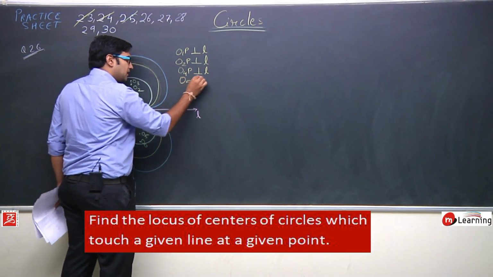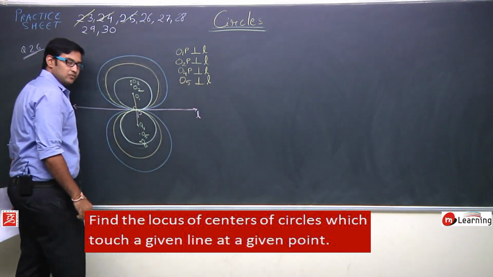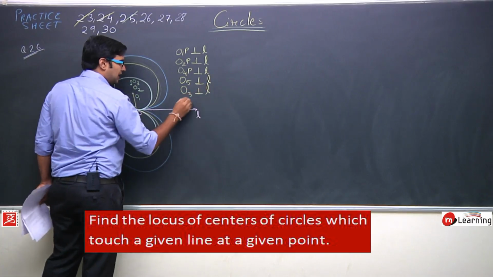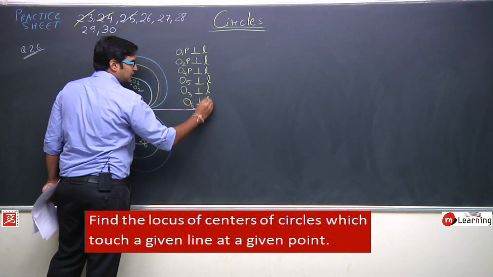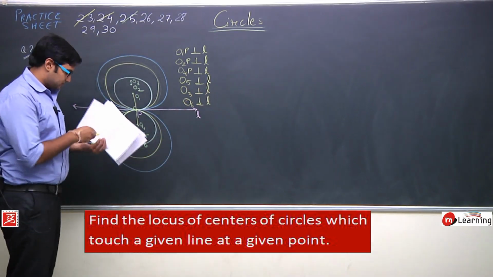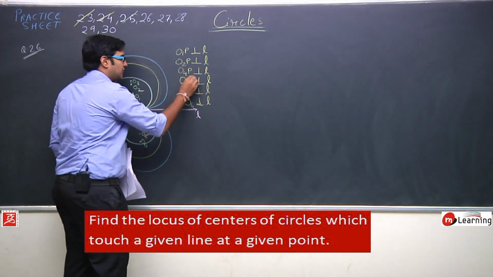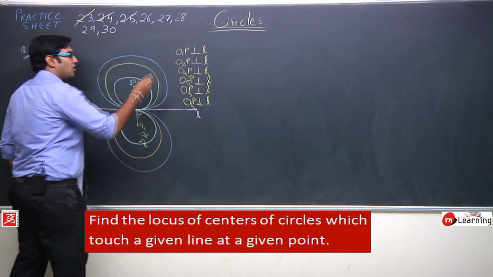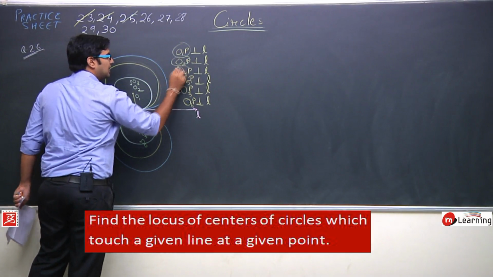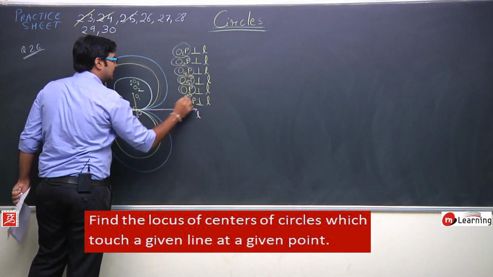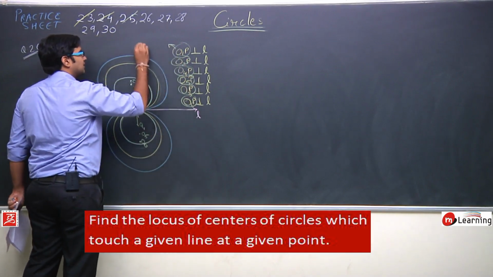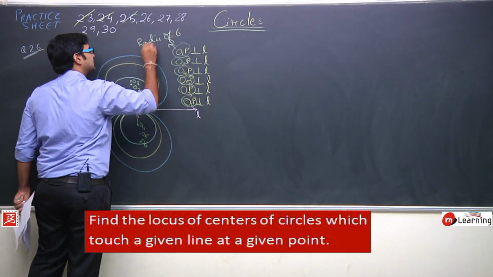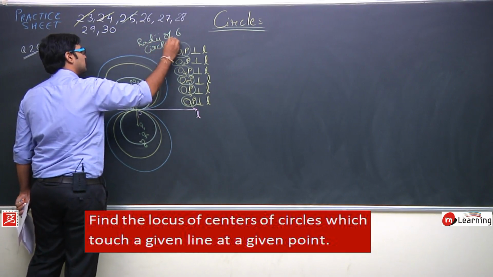Similarly, O5P is also perpendicular to L, and similarly O3P is perpendicular to L, and O6P is perpendicular to L, because all these lines are the radii of the 6 circles.